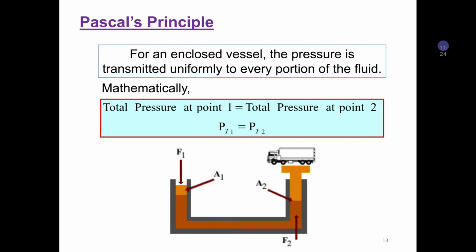This means the total pressure everywhere must be equal. For example, the total pressure at point 1 must be equal to the total pressure at point 2. The equation for pressure is force divided by area. This one you need to remember.